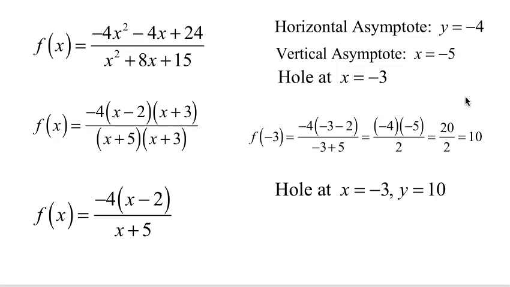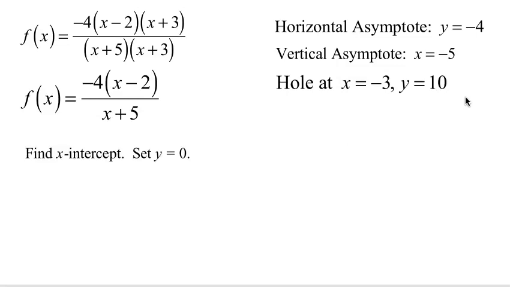So again, we have 2 asymptotes and we have a hole. What else do we need to do our analysis here? Let's go ahead and find our x-intercept. As usual, we're going to set y equal to 0. So we're going to get 0 is -4 times x minus 2 over x plus 5. If a fraction is 0, the numerator is 0, and that only happens when x is 2.